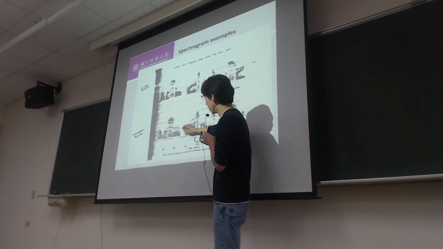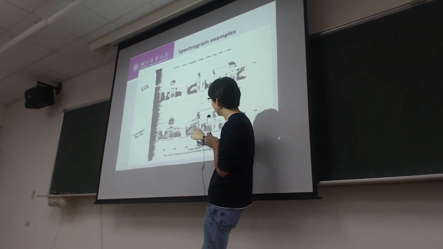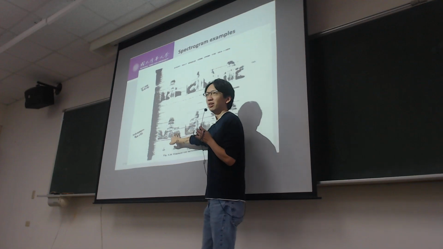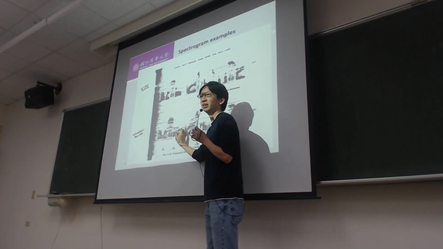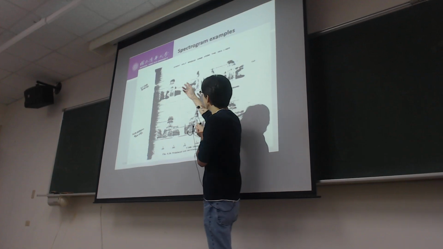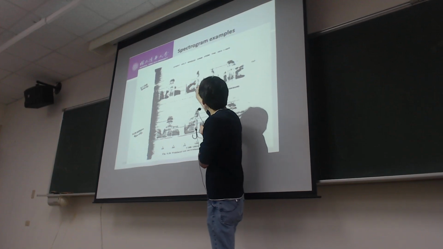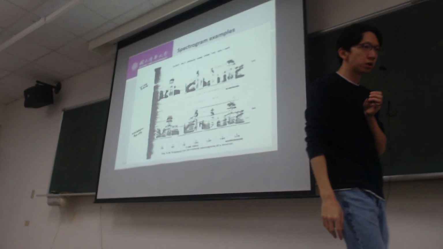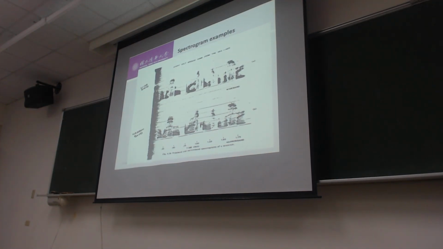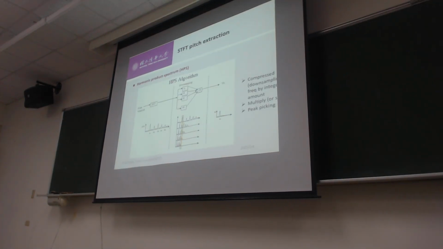This is more the harmonic structure. All these look somewhat similar because they come from the same person. Speaking different sentences and different words, you see different words show up as different forms and structures. That's just an example.